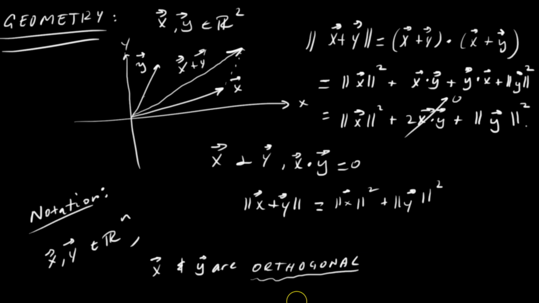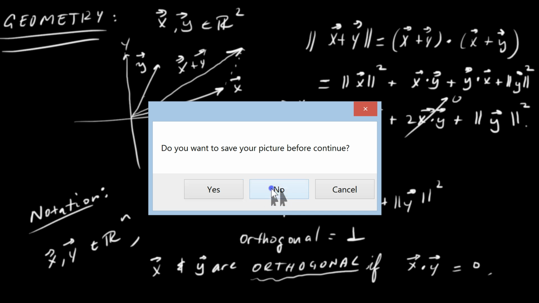So orthogonal is just another fancy way of saying perpendicular. So x and y are orthogonal, or perpendicular, if x dot y is 0. So this is another definition. Orthogonal is equal to perpendicular. Same thing. It's just a fancier word, okay?